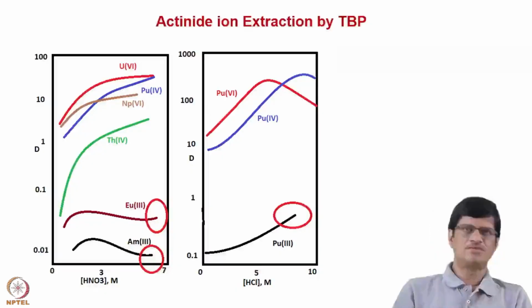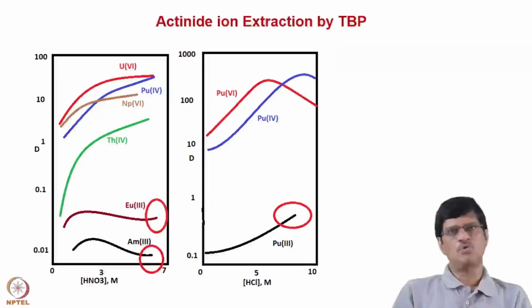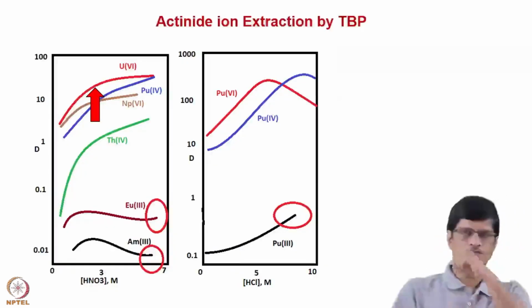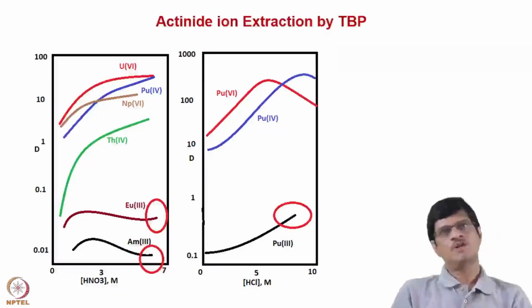Uranium-6 extraction is much larger than that of plutonium-4, in view of the fact that plutonium-4 can form a stronger complex, but uranium extraction is much higher than that of plutonium. The reason is that uranium-6 has 2 nitrates and plutonium-4 has 4 nitrates, and the extracted species for uranium-6 and plutonium-4 each have 2 TBP.